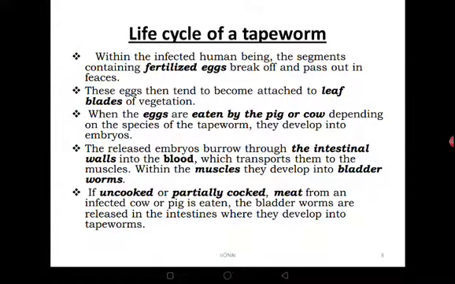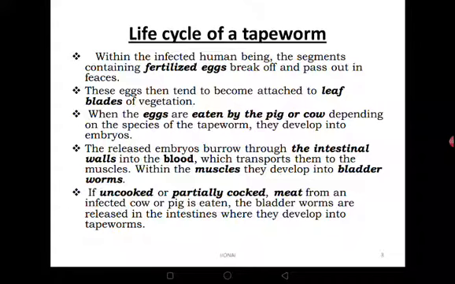Great. So let's look at the life cycle. How does this organism reproduce? When the infected person goes to defecate, especially this what we call open defecation in the bush, and you have the tapeworms in you, when you pass out the feces, the chances are very high that the feces contain the proglottids.